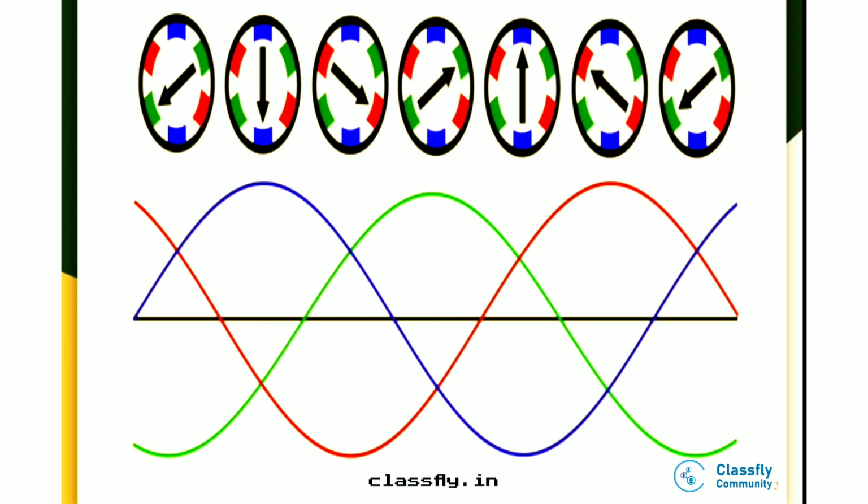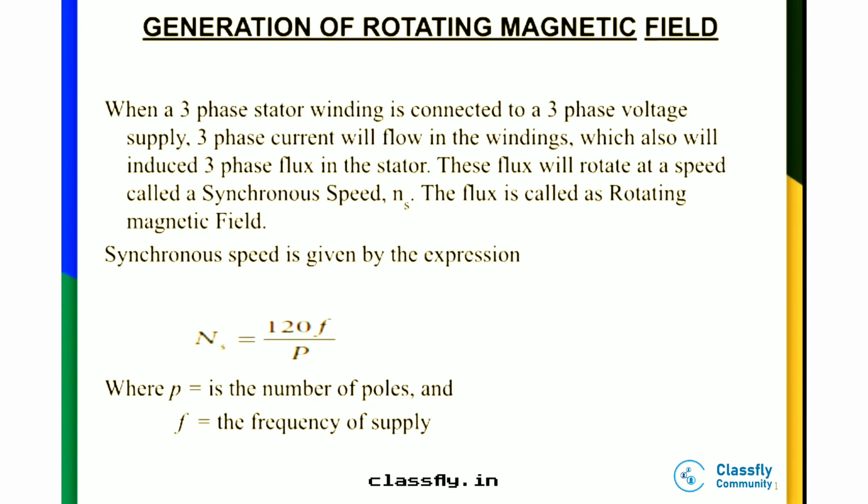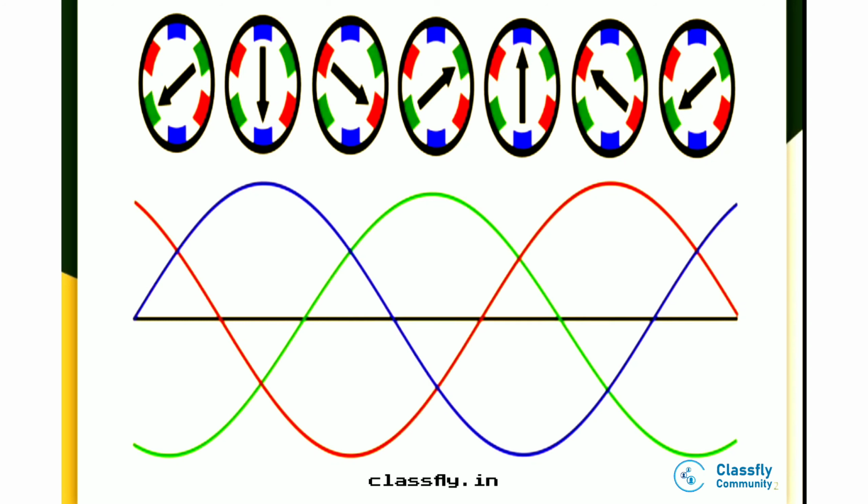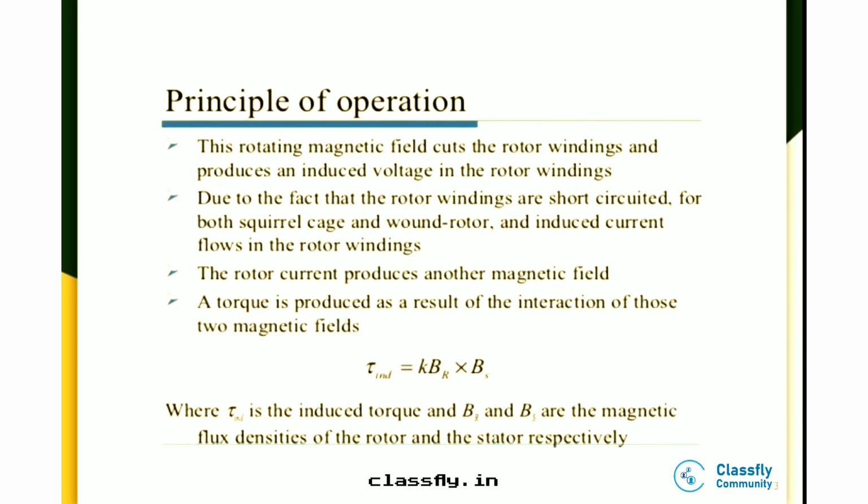So let's brief one more time what we have learned. In the generation of the rotating magnetic field, whenever omega t is changing, the resultant is changing its direction, but the magnitude remains the same. And the principle of operation states that the rotating magnetic field cuts the rotor winding.